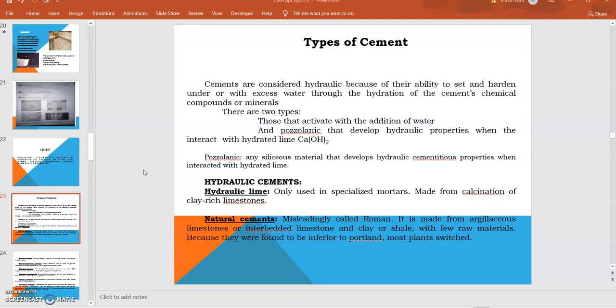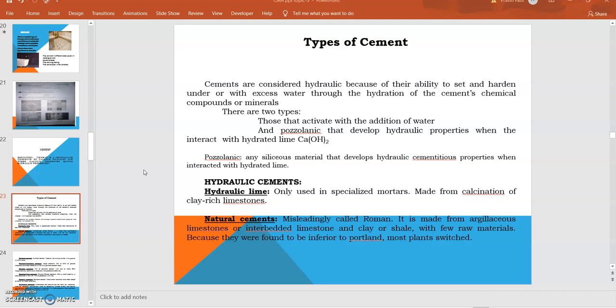with the hydrated lime. The hydraulic cements: first, the hydraulic lime, used only in specified mortars, made from the calcination of clay-rich limestones. The natural cements are misleadingly called Roman.